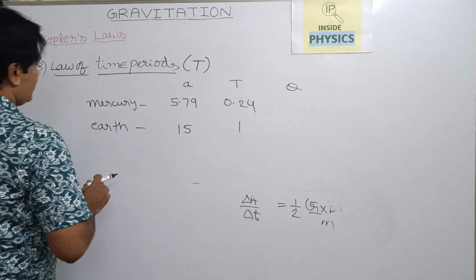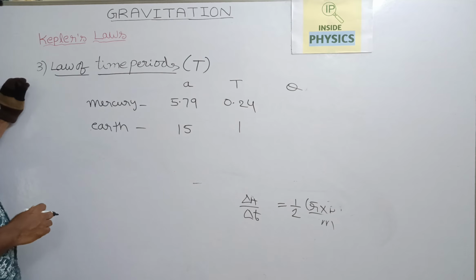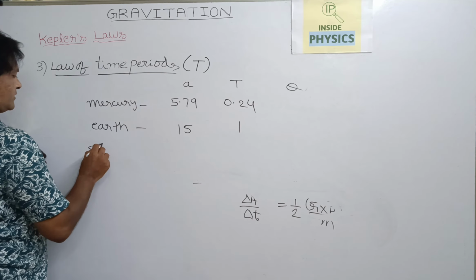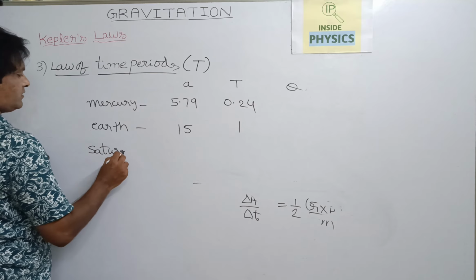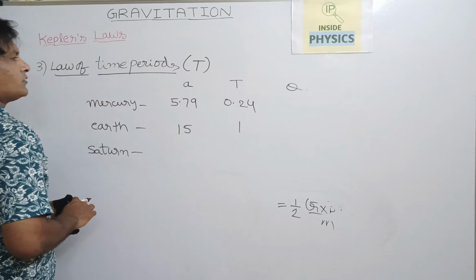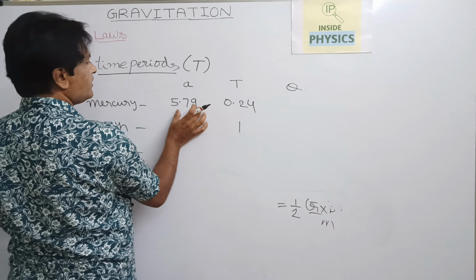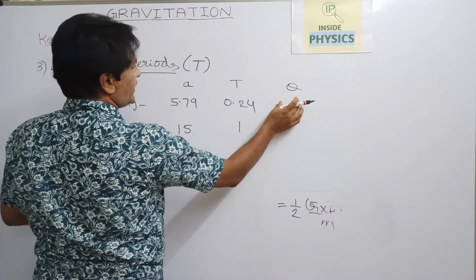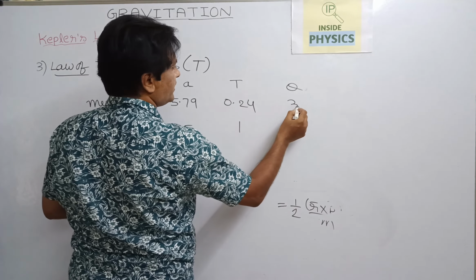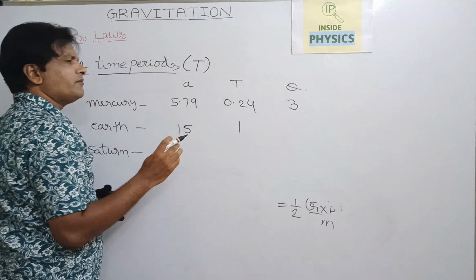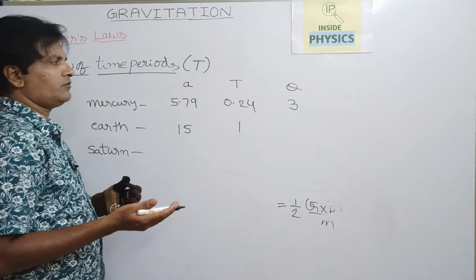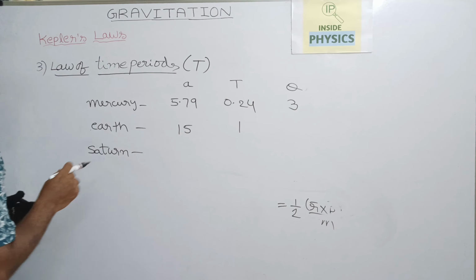The most interesting planet, very far away from the sun, next is Saturn. We are not discussing all the planets, we will discuss some planets. If you calculate the quotient on your own, you will get nearly 3. Nearly means maybe 2.99 or 2.98 or 3.01, something like that, but nearly 3.